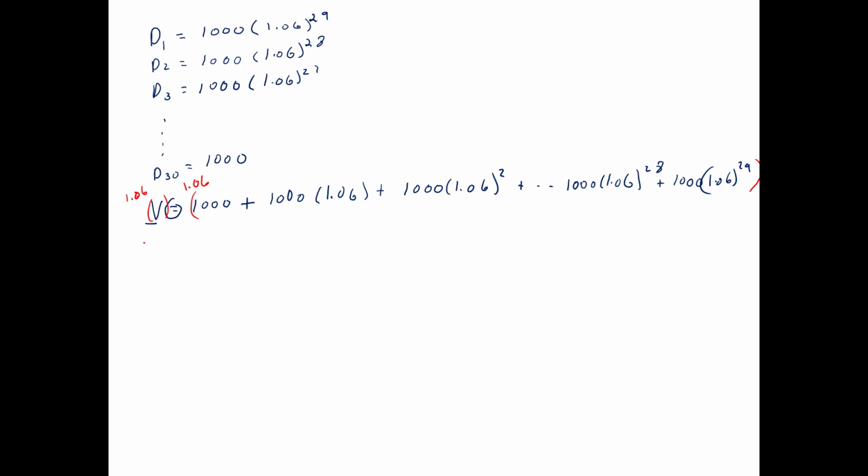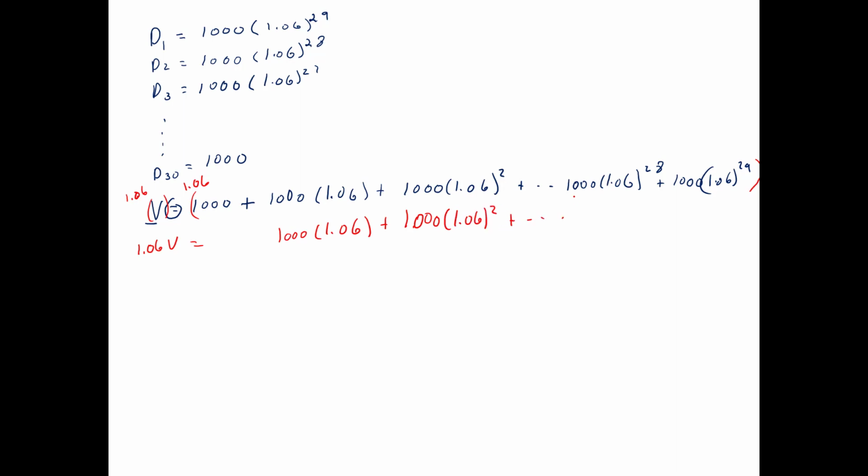When we do that, the left side becomes 1.06 times V. And the right side, this 1,000 gets multiplied times 1.06. So instead of writing it right underneath, I will write it over here as 1,000 times 1.06. This 1,000 times 1.06 gets multiplied by 1.06, and it will become 1,000 times 1.06 squared, and so on.